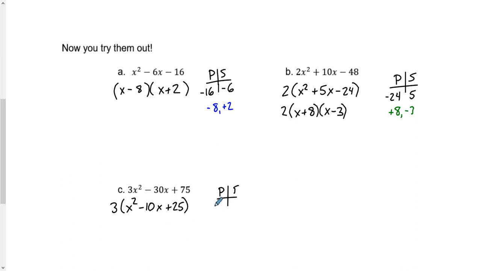We don't have to worry about that. Product of 25, sum of -10. The only numbers that is possible with are a -5 and a -5. You'll notice on each of these examples, I've written things completely horizontally. Sometimes I write it with the brackets. Either way is fine.